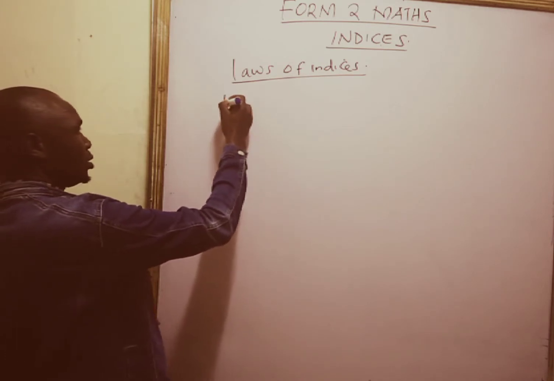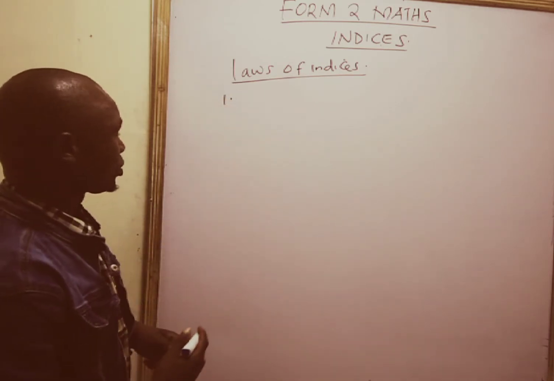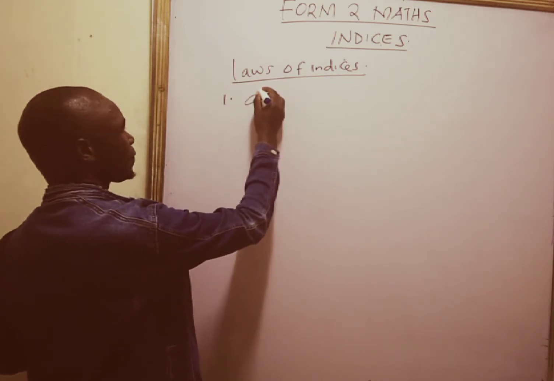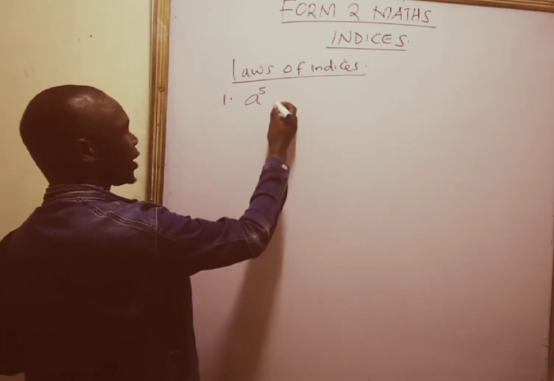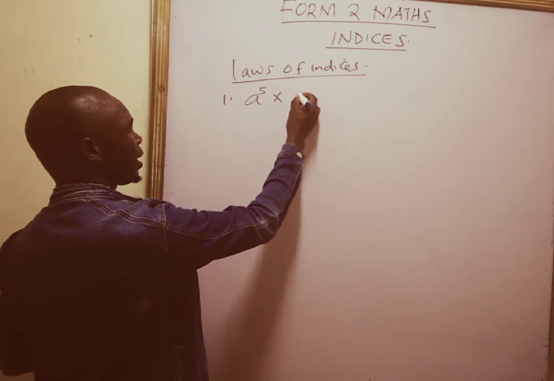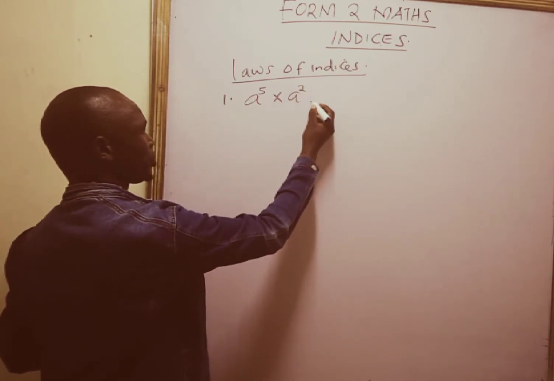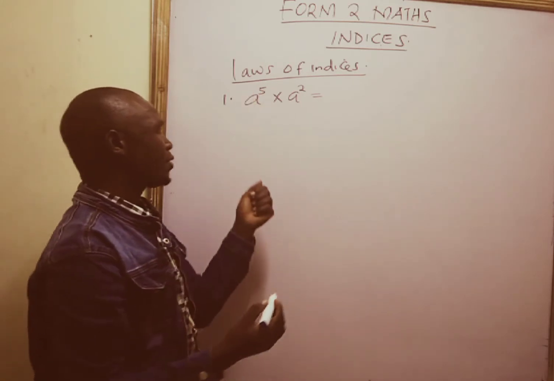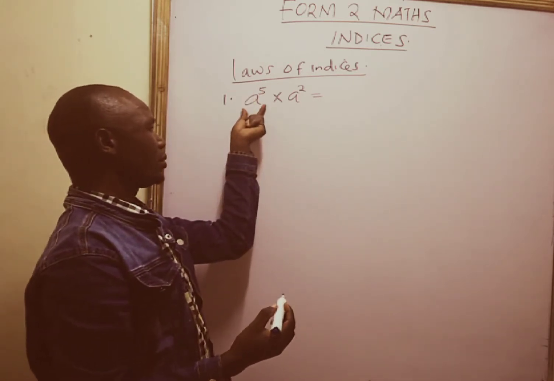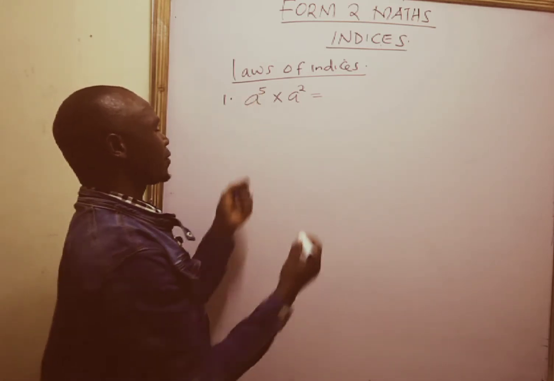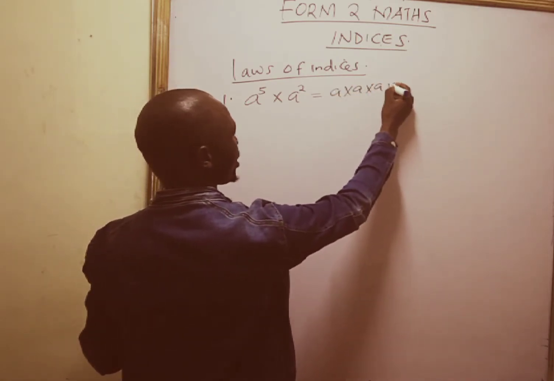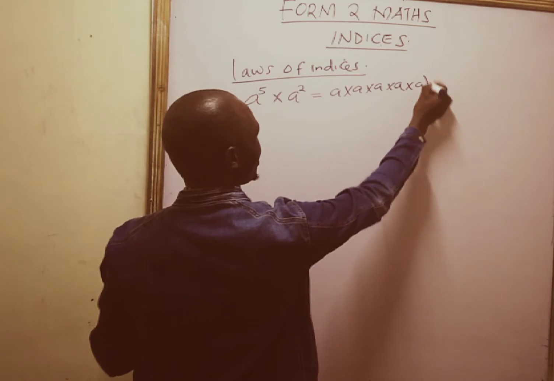The first law of indices that we are going to look at: if for example we have a raised to power 5 multiplied by a raised to power 2, this is to say a power 5 means a multiplied by itself 5 times. That is a times a times a times a times a.